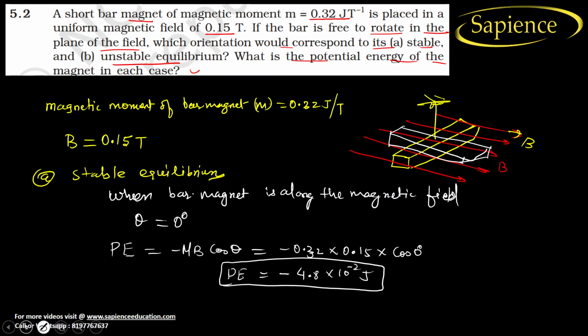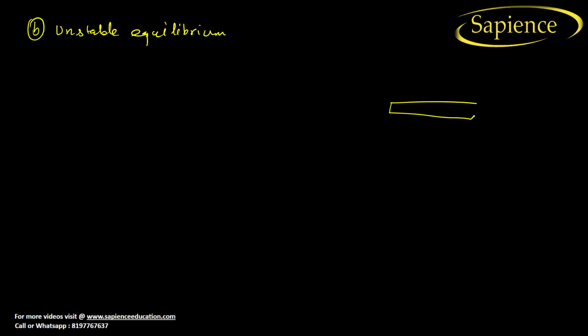Now we will talk about unstable equilibrium, right? So what is the condition for the unstable equilibrium? Let us suppose there is a bar magnet. This is north, this is south. And this bar magnet is making 180 degree, the angle made by the bar magnet to the magnetic field is 180 degree.